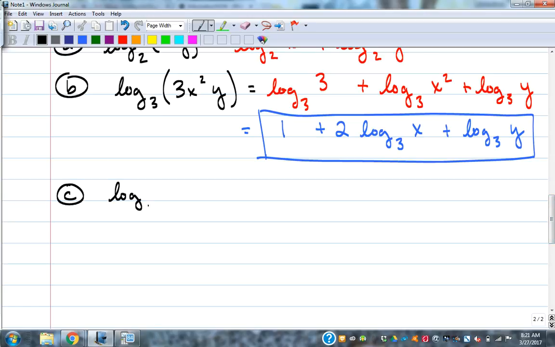Let's do log base a of x times the square root of x squared plus 1. Again, I'm using log base a. It doesn't matter what log base it is. These properties are going to hold for that.